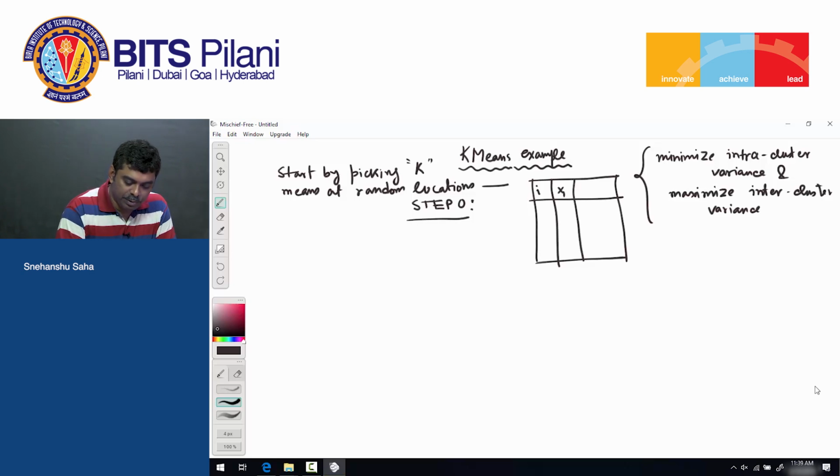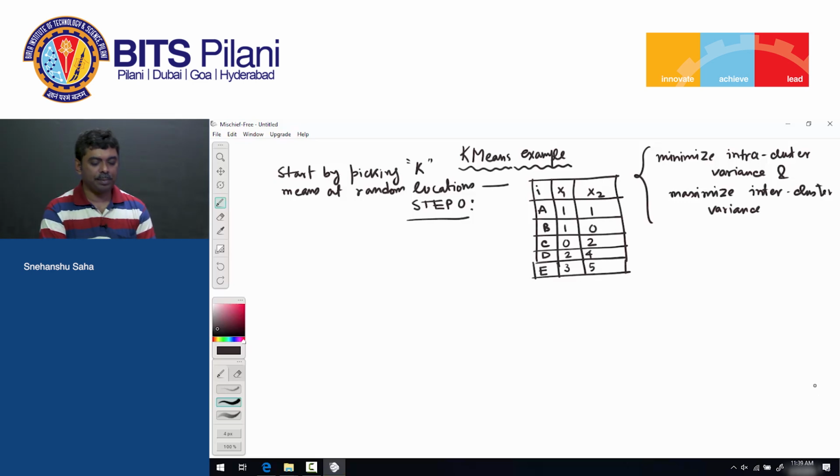With the feature values, and we'll just take a 2-dimensional example, right? A, B, C, D. Let's take a look at a 2-dimensional representation of these data points.